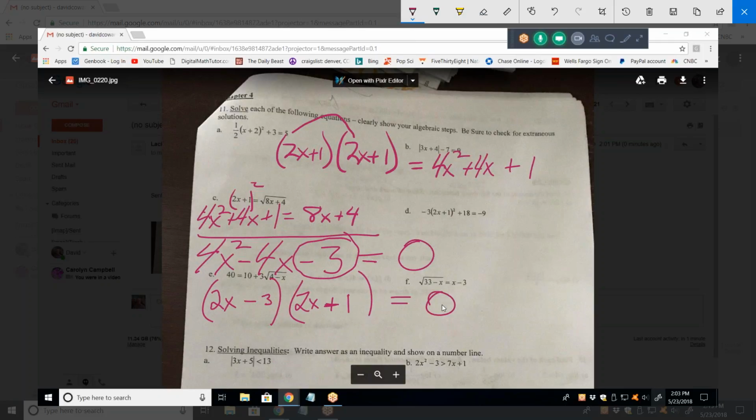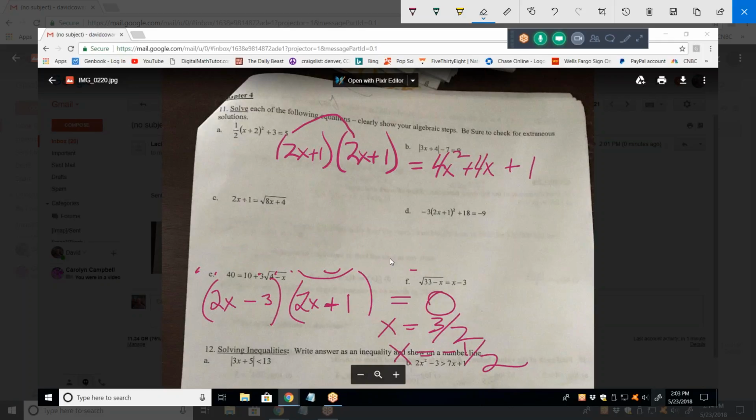Now solve that. Now that we got it down to this item times this item equals 0, how do I solve for x? X is equal to 3/2 and -1/2. Okay. Again, since this has a radical in the problem, I'm definitely checking for extraneous solutions.